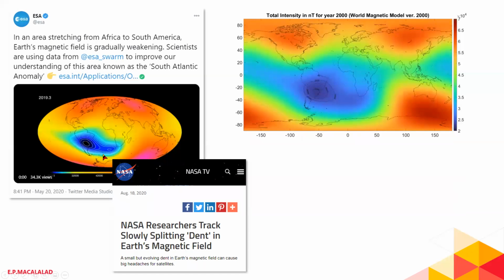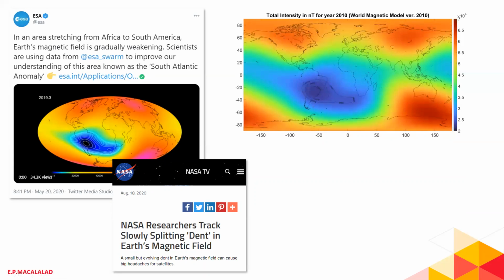Using measurements, remember this is a model, and this corresponds very well to spacecraft-borne magnetometers, specifically the SWARM constellation of satellites that measures the Earth's magnetic field above in space.